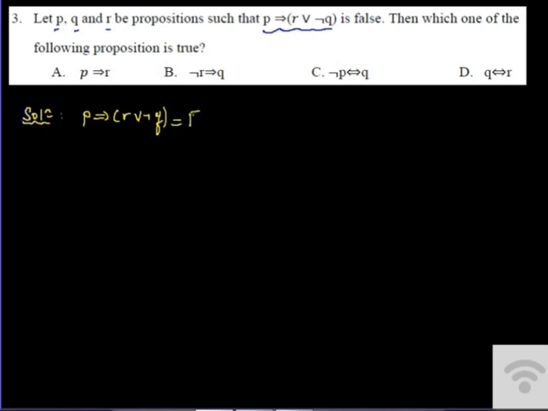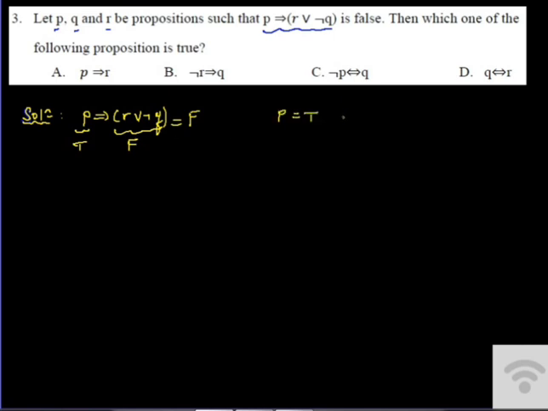It means if this compound proposition is false, automatically this part should be true and the other part should be false. There is no other option than this. So P must necessarily be true.